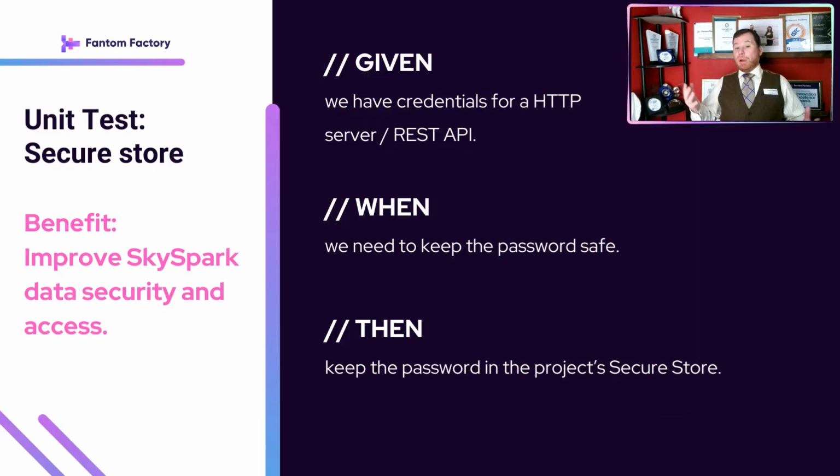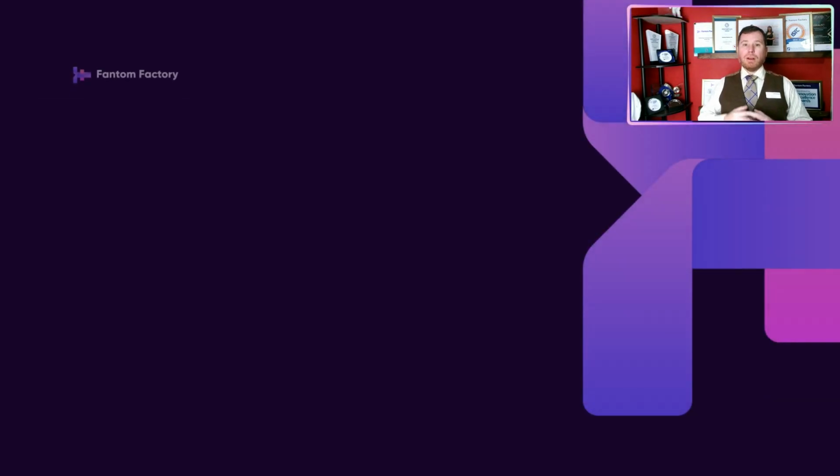So given we have credentials for a HTTP server or REST API, then when we need to keep those passwords safe, we need to keep that password in the project's secure store. And the obvious benefit is this improves SkySpark data security and access. And this feature, well, because it's in HTTP client, it's used by many of our customers.